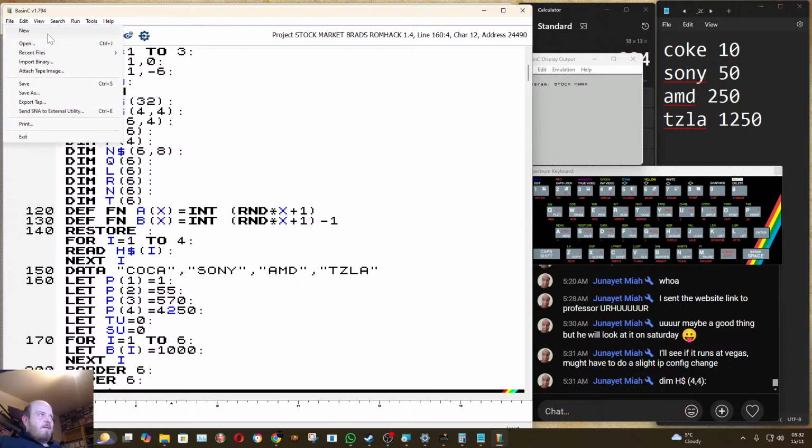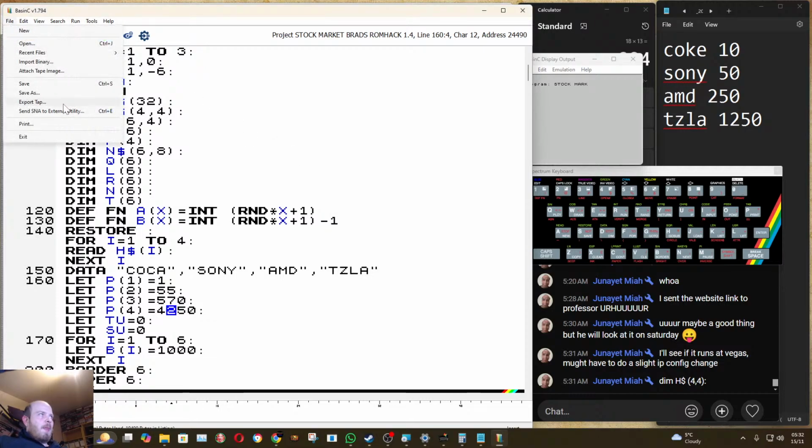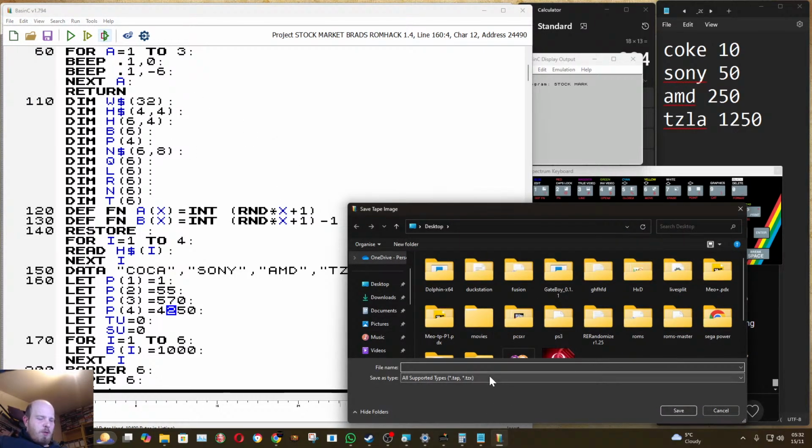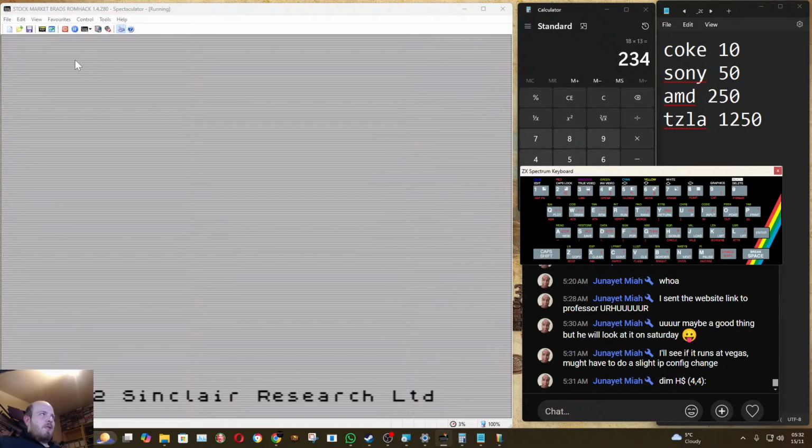File, save. Export TAP, and we call it X. Let's see if that made a difference.